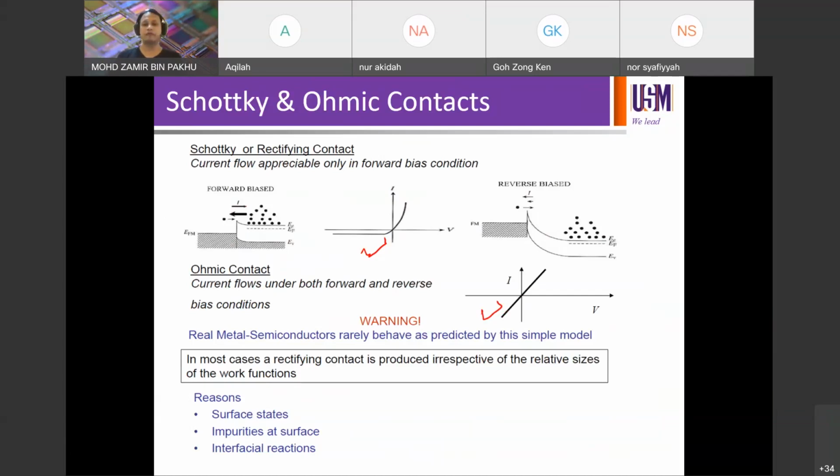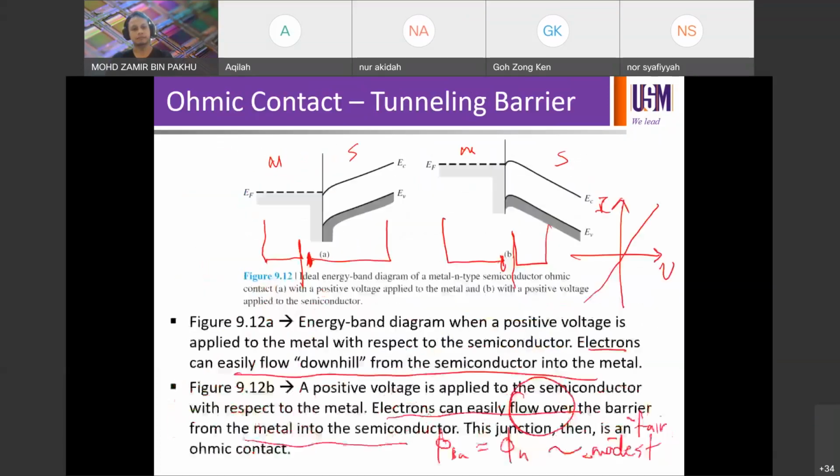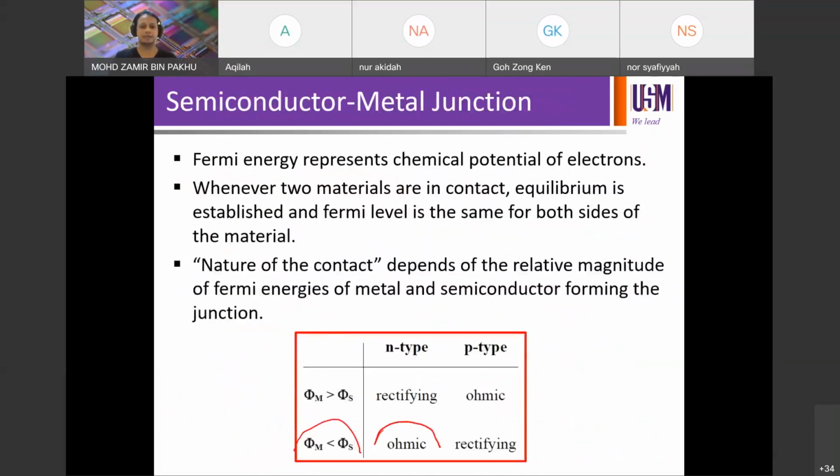In real life, when you run experiments, the metal semiconductor junctions rarely behave as predicted by this simple model. So the key word here is simple model. This is what you can use to design or to adhere to as the theory, as a fundamental for your experiments. But say if you want to get ohmic contact in real experiments, it's not as simple as this.